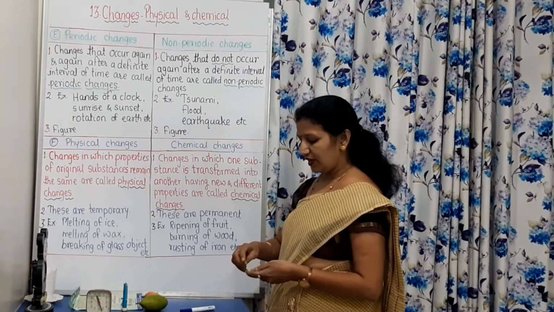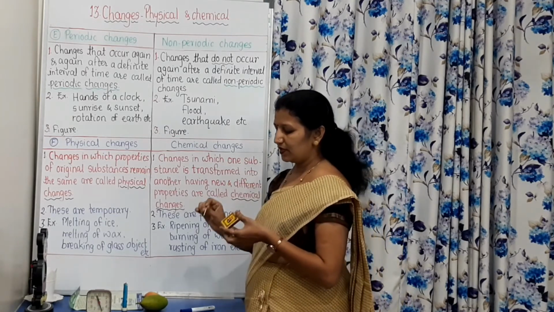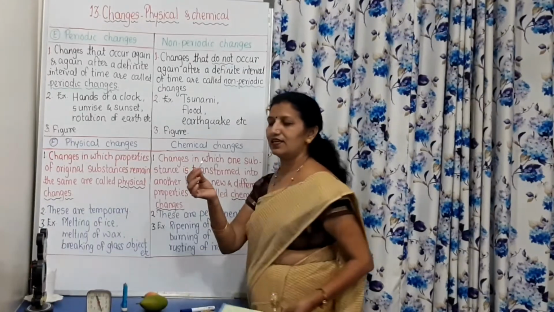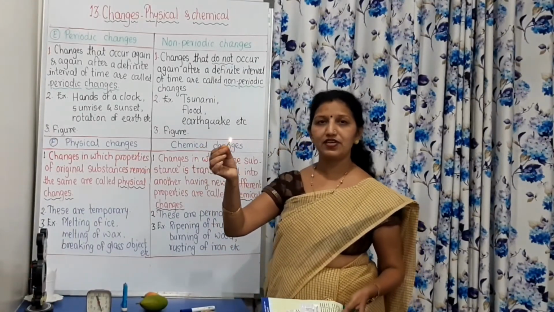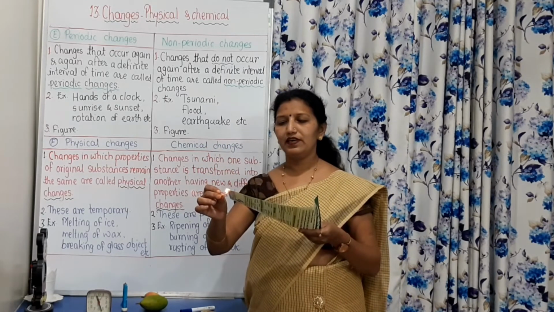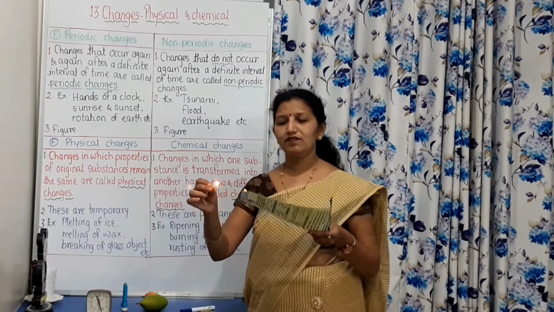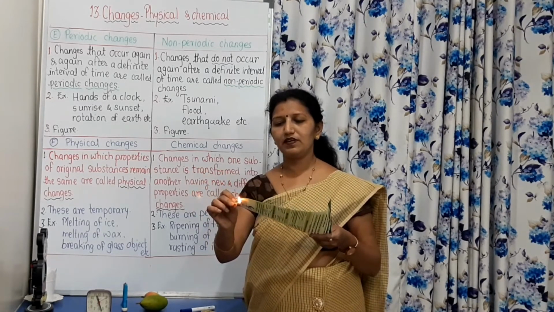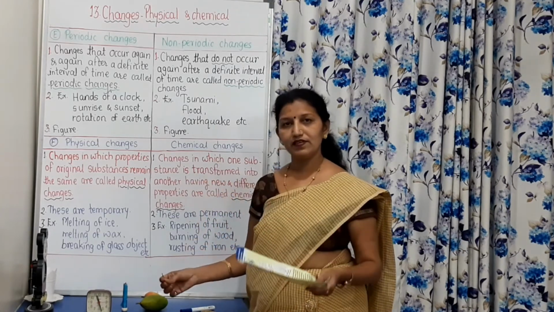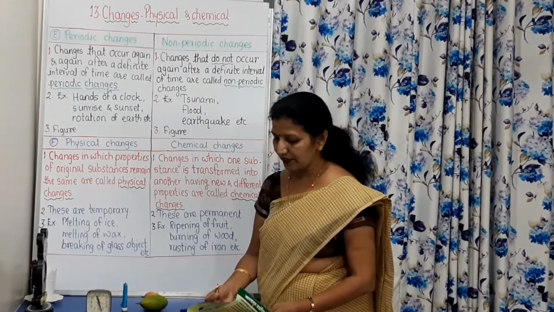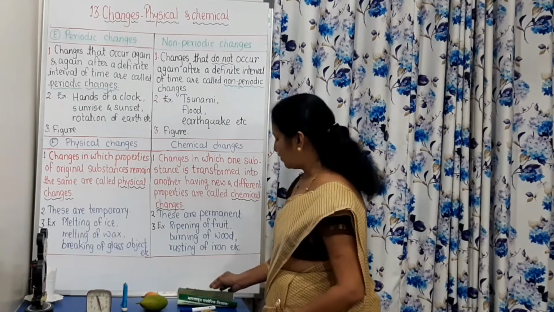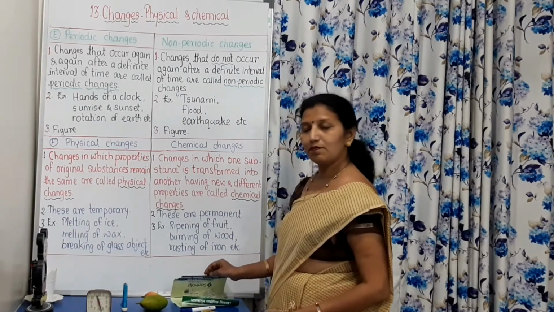Just now we have seen that when we burn this stick, it is a wooden stick and it will be converted into ash after burning. When we burn paper, after burning it will also be converted into ash, and this will not have the properties of the original substance. In this way we have studied the examples here.